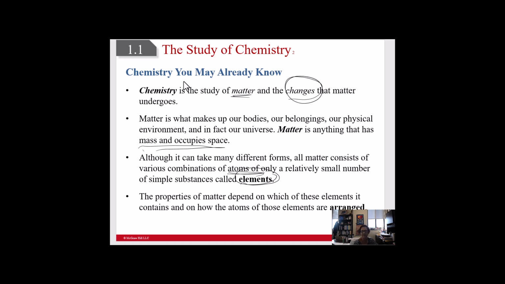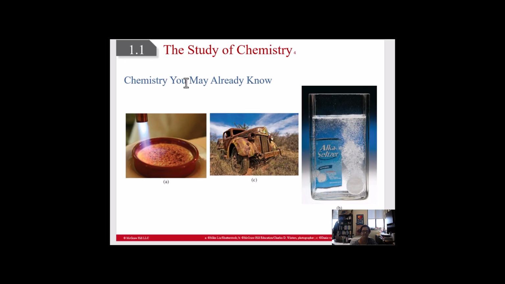The properties of matter depend on what these elements contain and how the atoms are arranged in and around the nucleus of that atom. These are just a few common examples that you may have seen in your everyday life. Rust, we all see the rusty old pickups in the back 40, but rust is a chemical reaction between iron and oxygen.